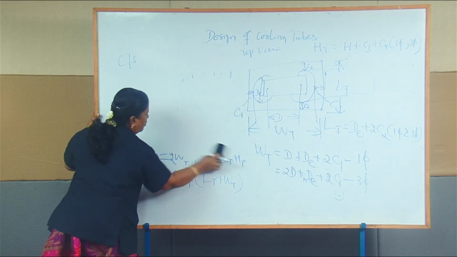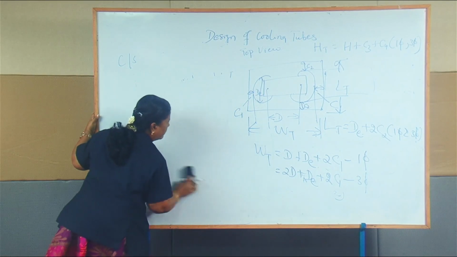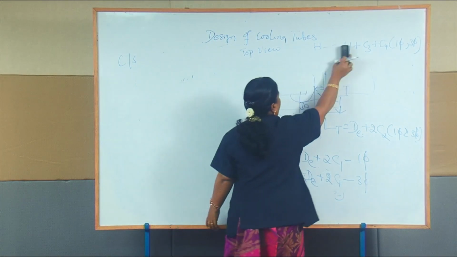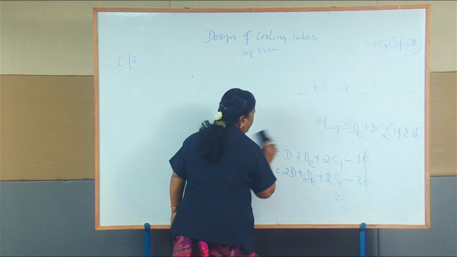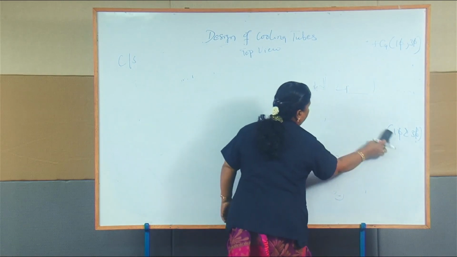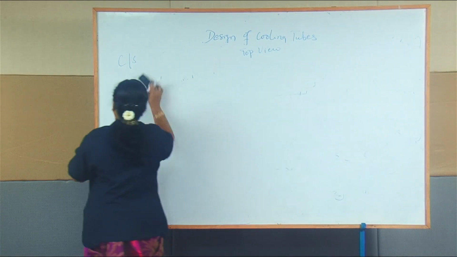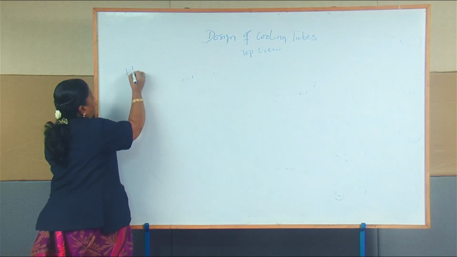So now let us recollect all the formulas we have seen in designing the cooling tubes. First we calculated the number of cooling tubes. What is the formula?